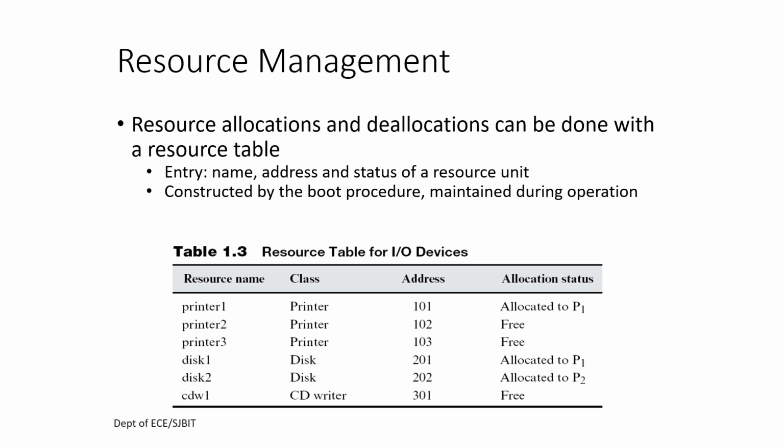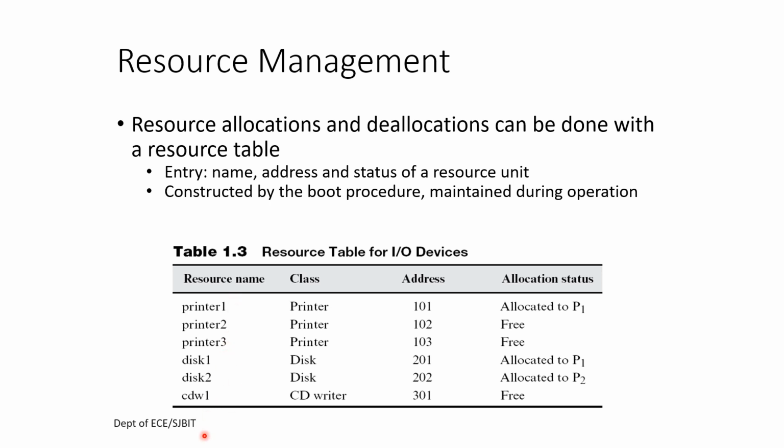Resource allocation and deallocation are performed by using the resource table. Everything goes through the resource table. This is an example of a resource table. Here we have resources: printer 1, printer 2, printer 3, disk 1, disk 2 and CDW1.